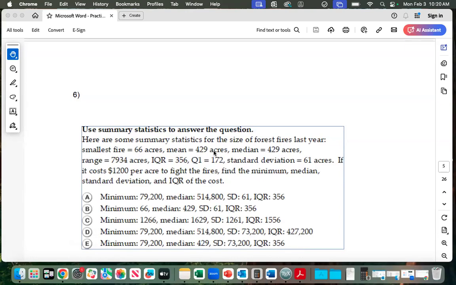This is the mean, this is the median, this is the range, this is the IQR. We have Q1 and standard deviation. They are asking, if it costs this amount per acre to fight fires, you should find the minimum, the median, standard deviation, and then the IQR. What do you think that answer should be?